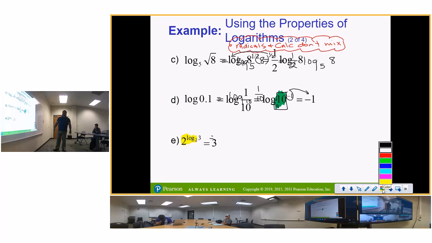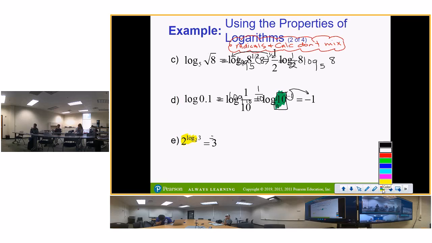Yes, sir. So x to the log base x of any number is that number. Is y. Yeah, and you could also use the definition of logarithm here too, because it's equal to a y.